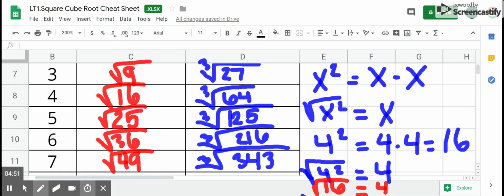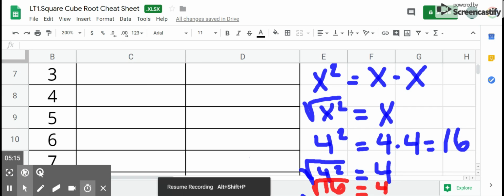So when we take the cube root of 27, our answer is 3. The cube root of 64 is 4. The cube root of 125 is 5. Cubed root of 216 is 6. And cubed root of 343 is 7. Pause this video, write it down if you need to, because I'm going to erase and we're going to move on.